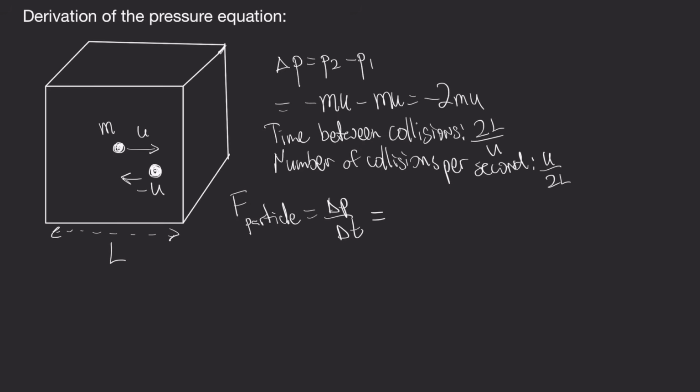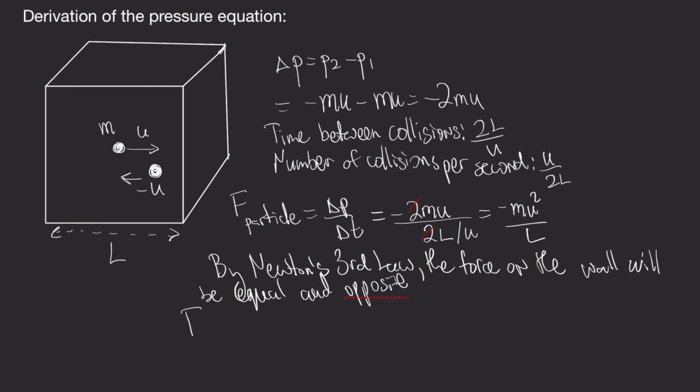Our change of momentum was minus 2mu. Divide that by delta t, which is 2L over u, and let's do some cancellations, giving us minus mu squared divided by L. Now, by Newton's third law, the force on the wall will be equal and opposite.